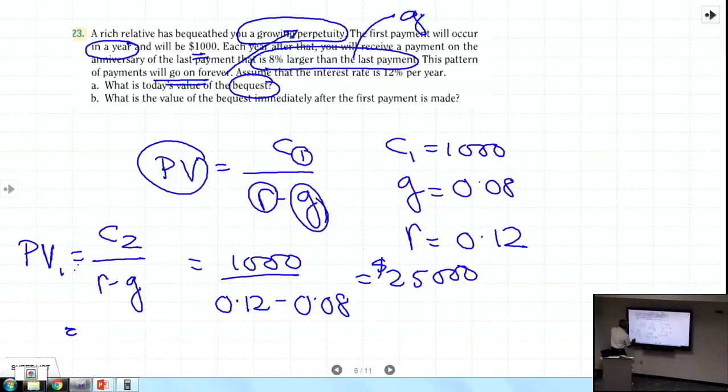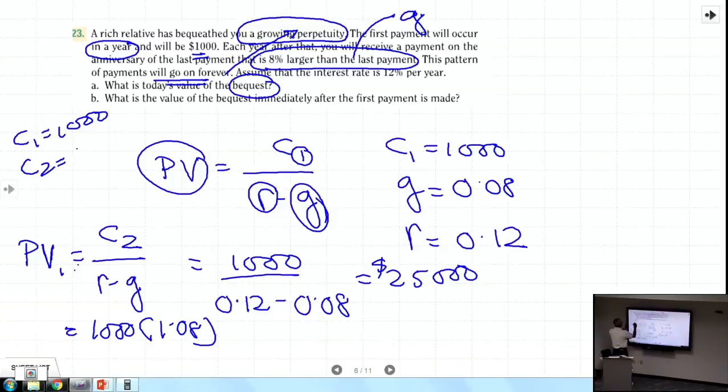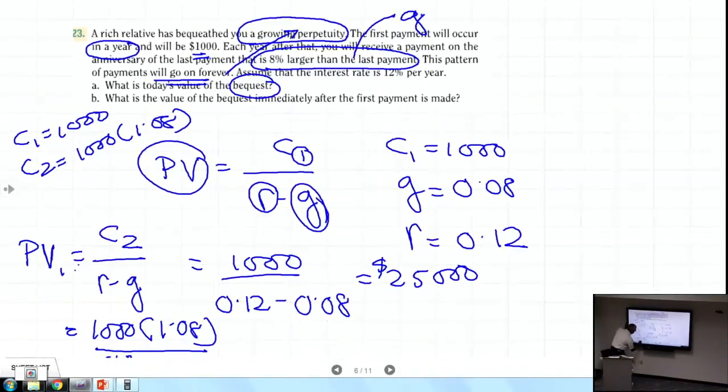Cash flow in year two would be 1,000 times 1.08. Cash flow in year one was 1,000. Cash flow in year two will grow at 8% of that. So it's 1,000 times 1.08, and then I will divide that by 0.12 minus 0.08.